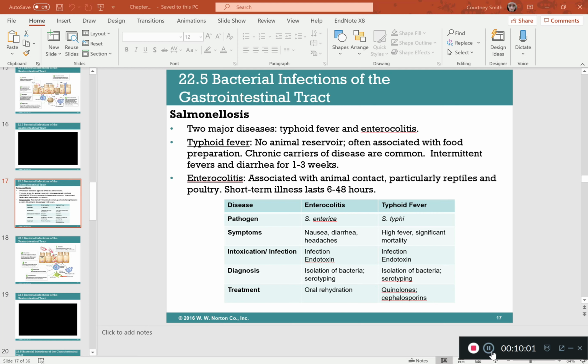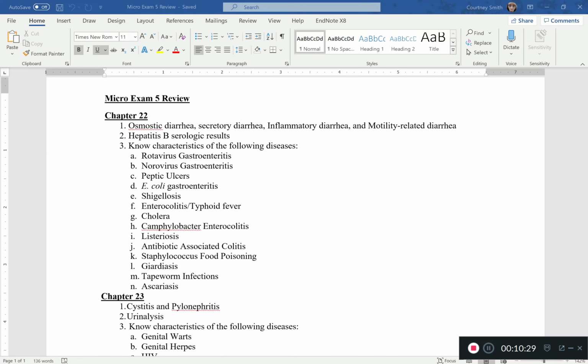Whereas with typhoid fever, you do need medication treatment, because a lot of times it can actually result in death because of severe dehydration, as well as the enterotoxin and endotoxin being produced by the Salmonella species, specifically Salmonella typhi. Okay, so that's Salmonella. So what's next?